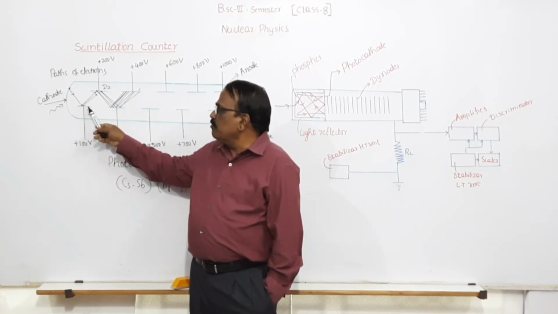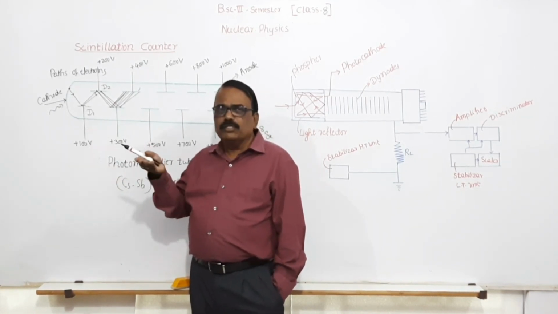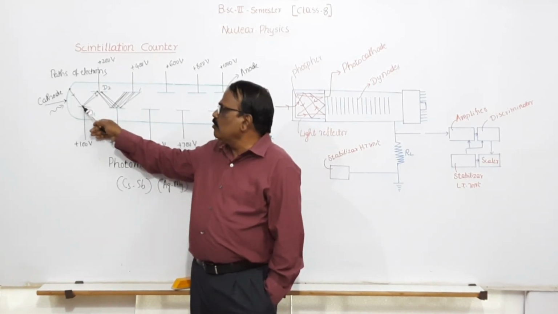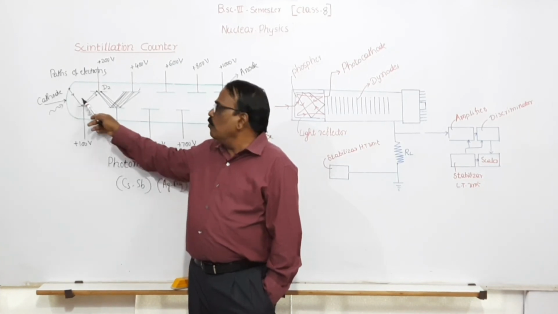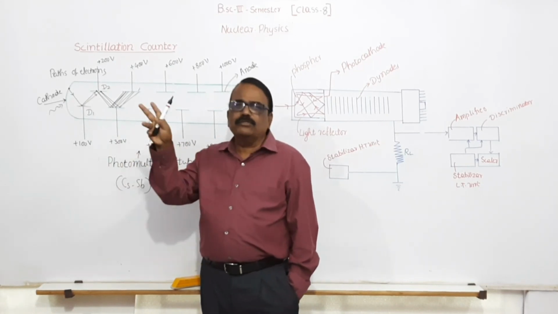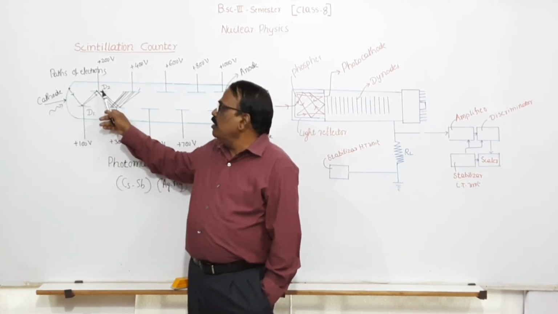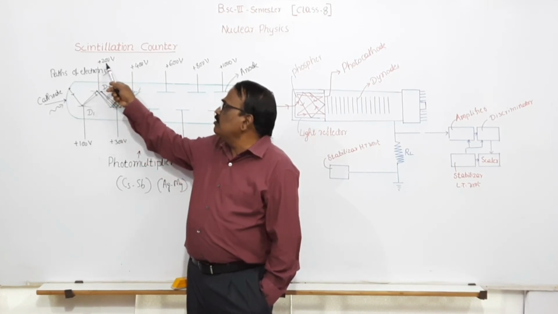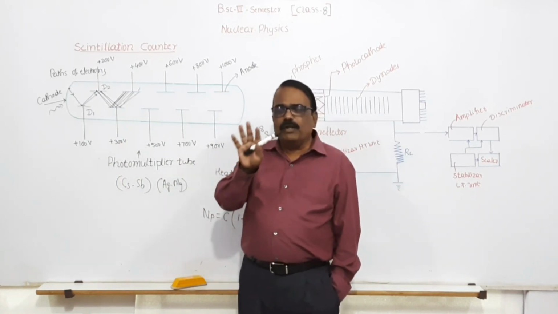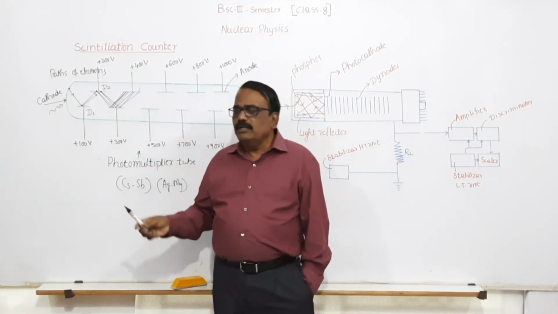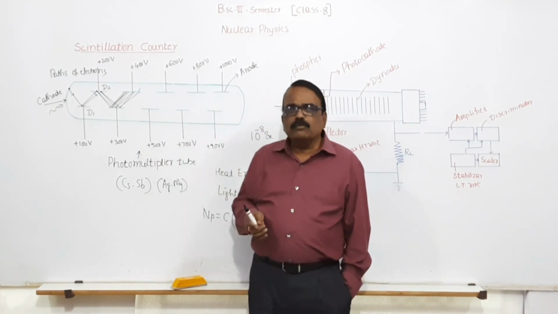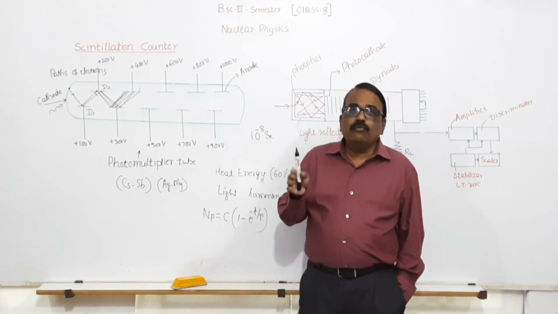Then it hits the surface, which is photosensitive. Secondary emission occurs. This is the primary electron and these are the secondary electrons. One is reflected, another is ejected from this surface. There are two electrons. So again at surface D2, which is of 200 volts, secondary emission takes place, and 4 electrons are ejected. Like this, the number of electrons all along the path goes on multiplying. It is a photomultiplier tube.